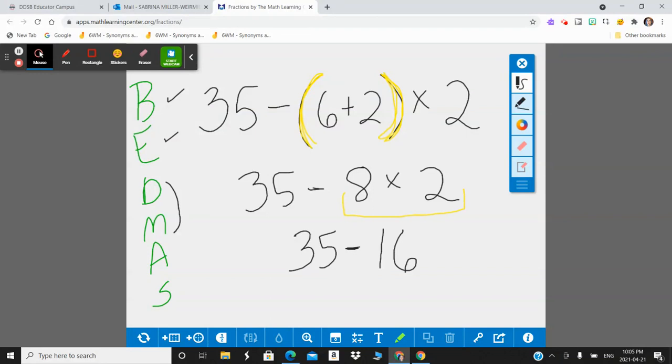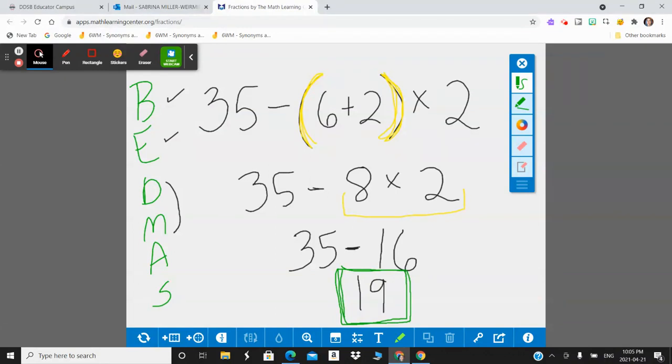And 20 minus 1 more, 19. I knew that didn't sound right. There we go. And just like you, sometimes when I'm doing mental math, I have to go back and think. But you'll notice I also said, well, that doesn't sound right. So 35 minus 15 would give me 20, minus 1 more would give me 19.